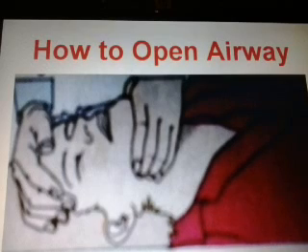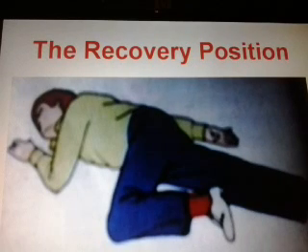You can also help the casualty by keeping the casualty in the recovery position. Here I am showing you the exact position for laying down the casualty in the recovery position.